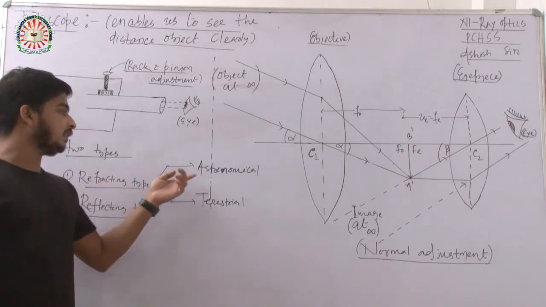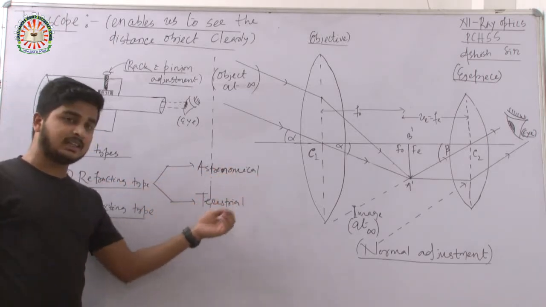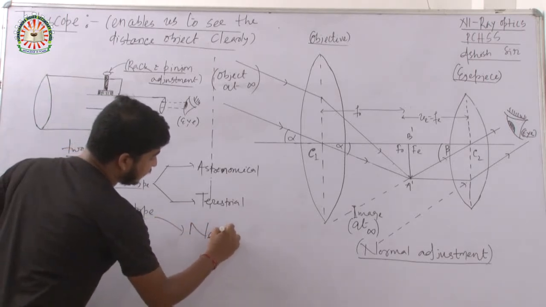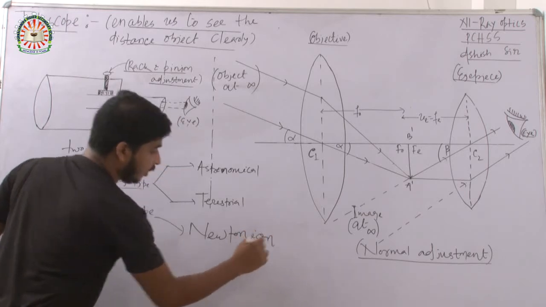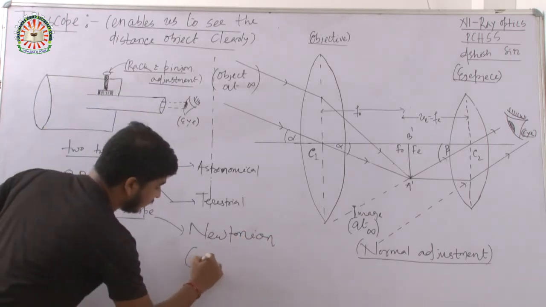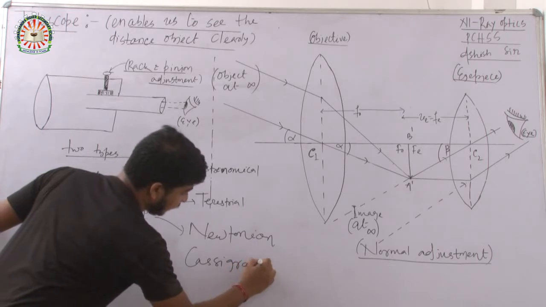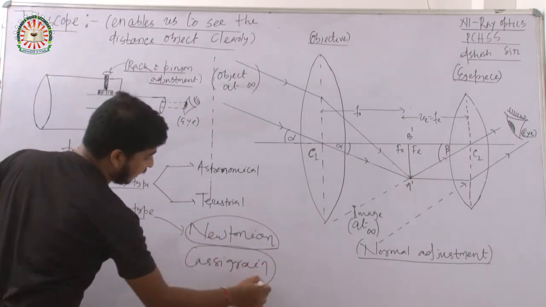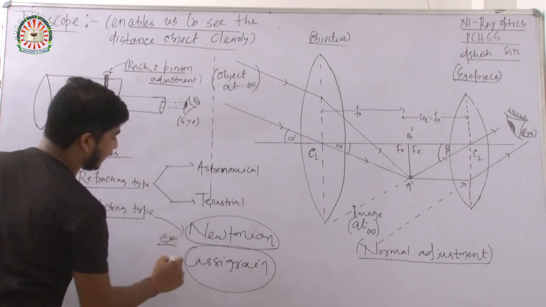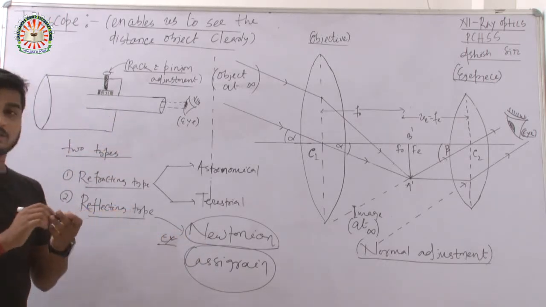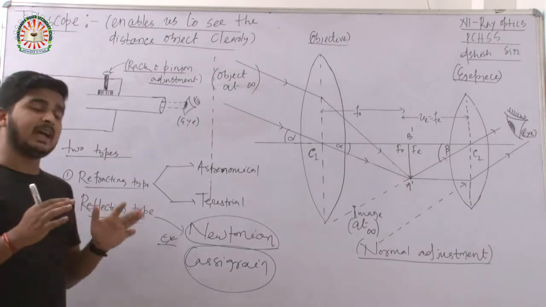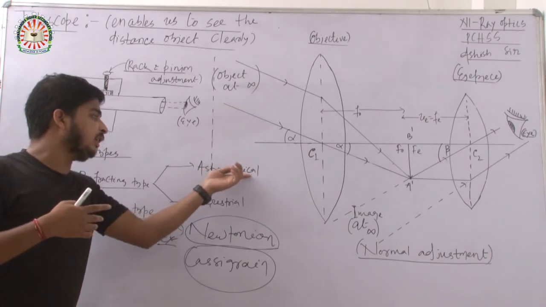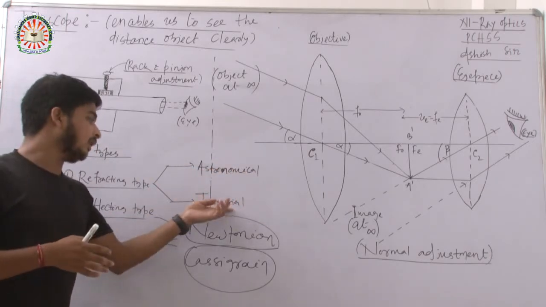So refracting type telescopes are the astronomical telescope and the terrestrial telescope. The examples of reflecting type telescopes are the Newtonian telescope and the Cassegrain telescope. But here our study is not to individually study the astronomical or terrestrial telescope.